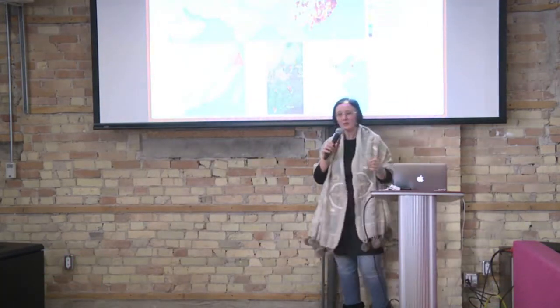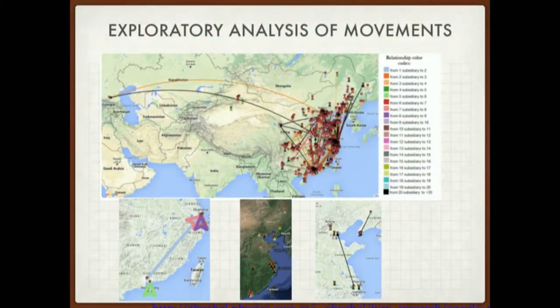So first we started with exploratory analysis, where these corporations are moving. The red dots on this map show locations where maybe several corporations or one corporation started. And each corporation is represented as a line or an arrow.